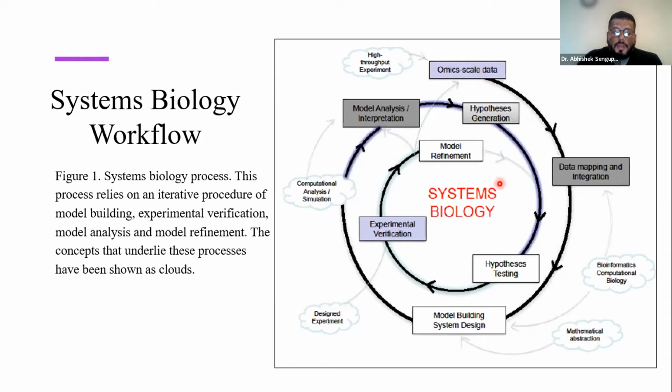Those multi-omics data can be integrated from high throughput experiments. It moves on to design and build a model. So we build a model here. This is called model building, right?